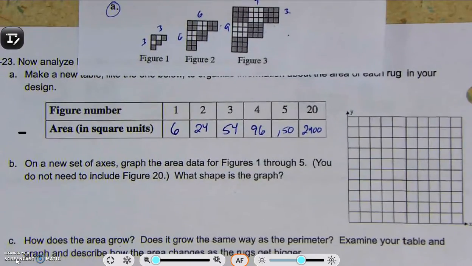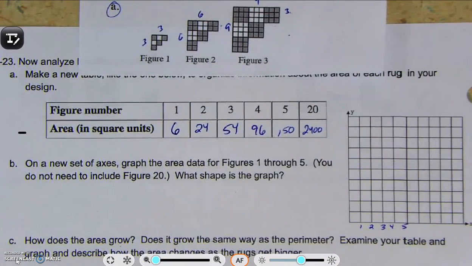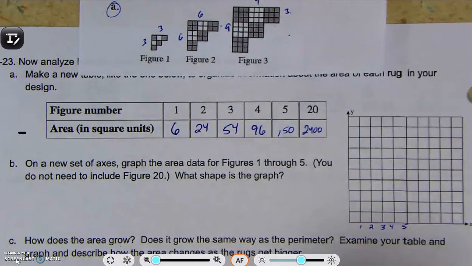So in B, on a new set of axes, we want to go ahead and graph. I can still use 1, 2, 3, 4, 5 along our x-axis, but our y is going to be a little bit different. It doesn't go by the same thing. It goes up to 150, so maybe we go by 25s. Again, it could be a little bit different.